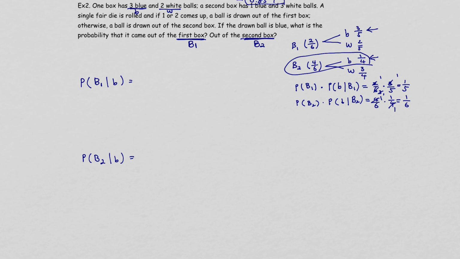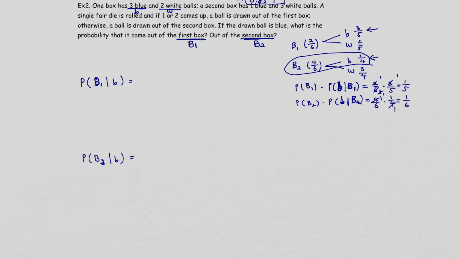Right? But then don't forget, the testing we're doing is getting a B given box 1 or getting a B given box 2. But the question was asking, given blue, what is the probability of getting it from box 1 or box 2? So that's going to be flipped. In that case, we're going to use Bayes' theorem again.